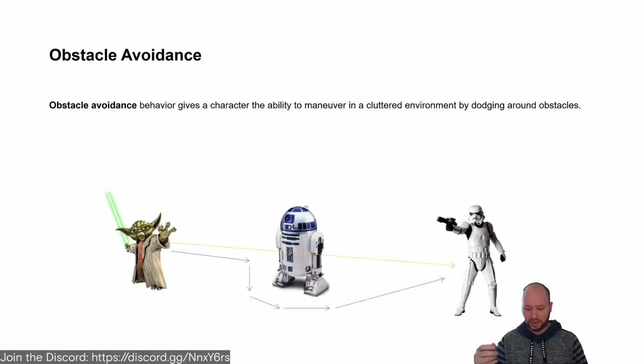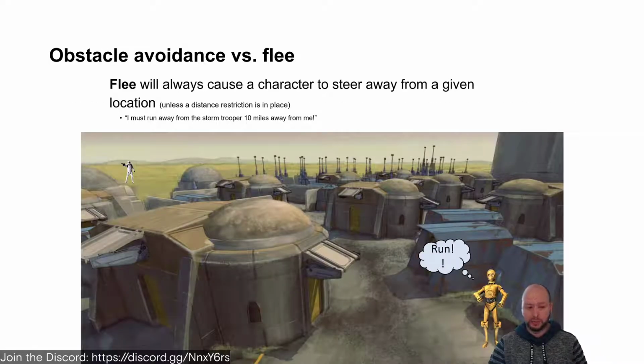If you have an agent and an environment with a bunch of different things, you want them to be able to navigate that environment without getting stuck in a corner. If you've ever seen a Roomba get stuck on something, you want to avoid that. So obstacle avoidance gives our agent the behavior and ability to maneuver around in their environment without hitting obstacles, or at least trying to.